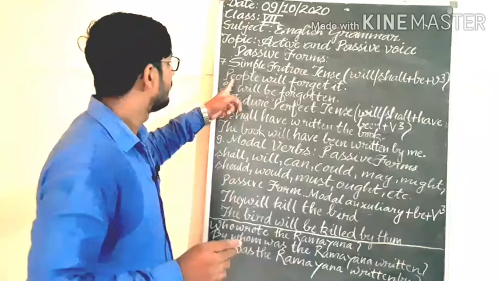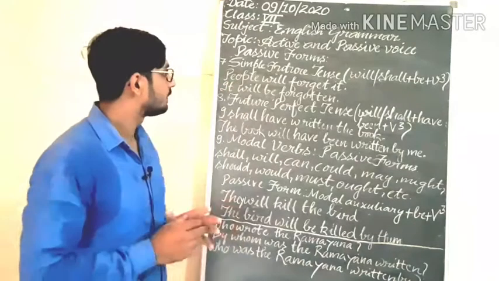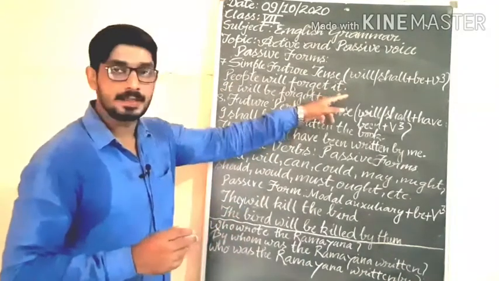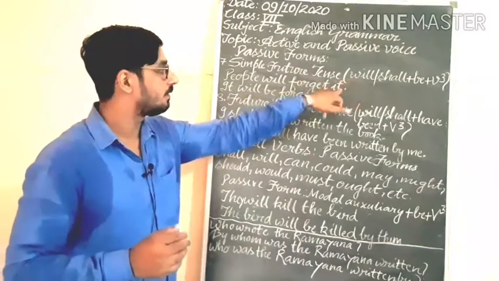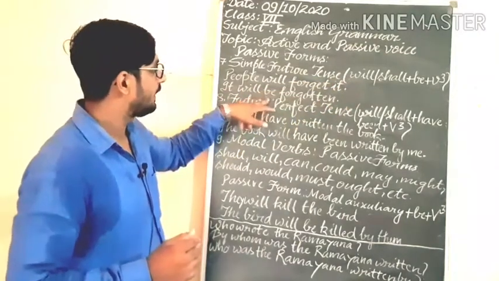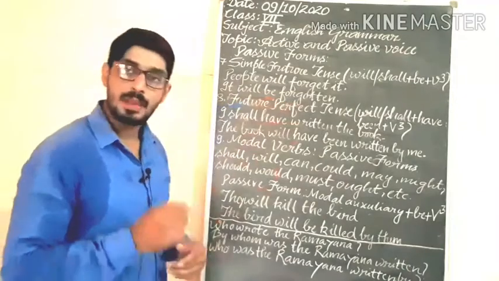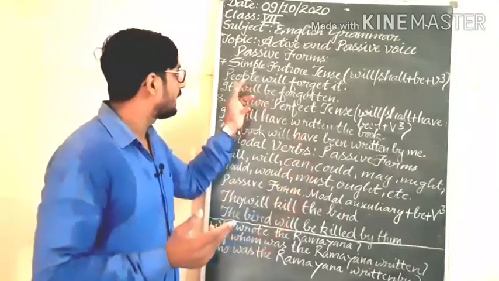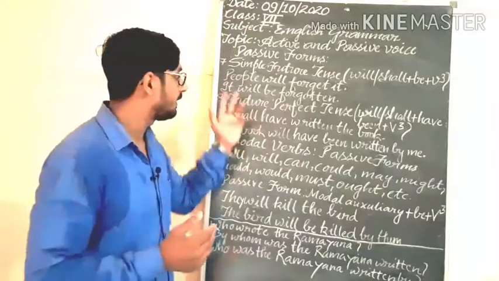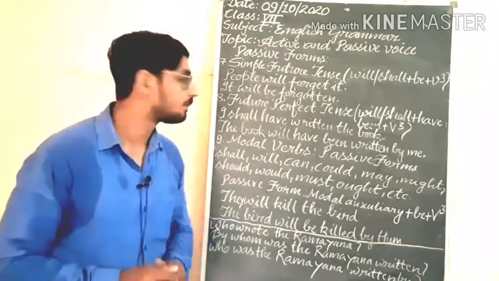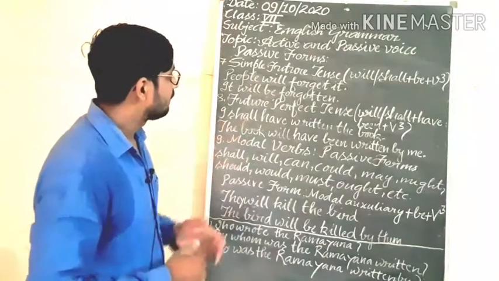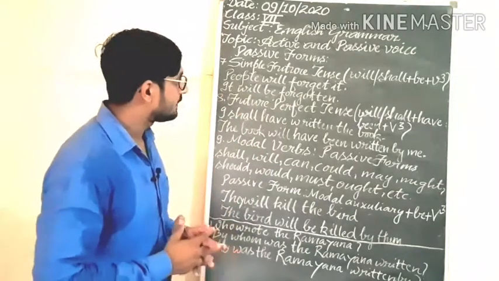So here this is the subject and this is the object. It is the object, so the object will come first, it, and according to it we will use will. It will be forgotten, main verb third form. And we are omitting by people here. By people we are not using. Understand? According to the rule.